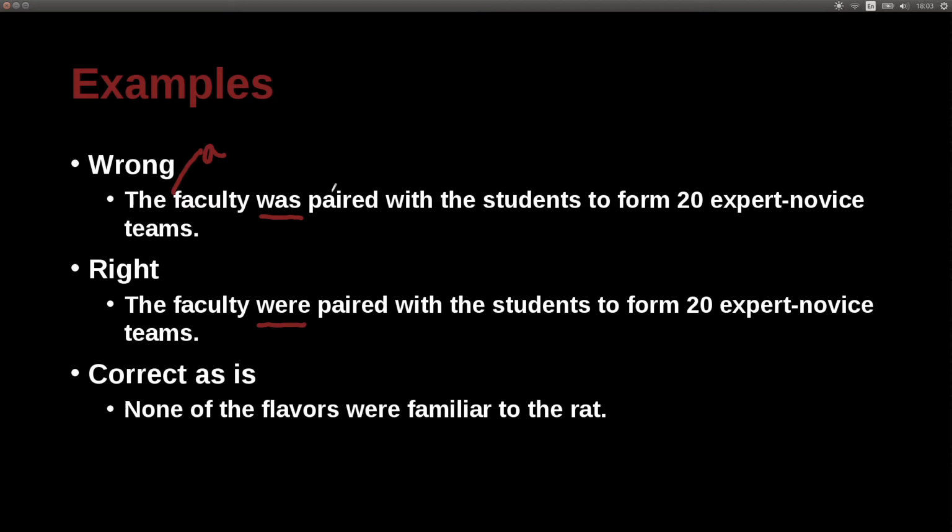Because we took them out and we paired them with students. So one by one, they were matched up with students. And that one by one means they're no longer a group. They're individuals. So we need to use they were paired. None of the flavors were familiar to the rat. And here were, because none, each, one by one, were not familiar.